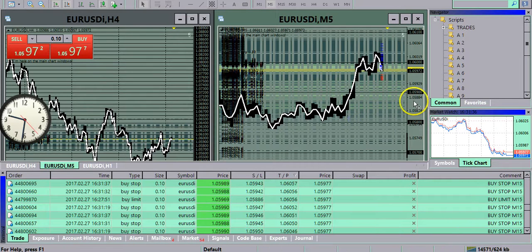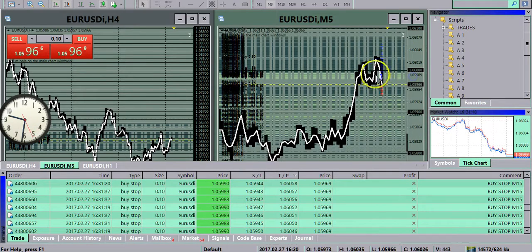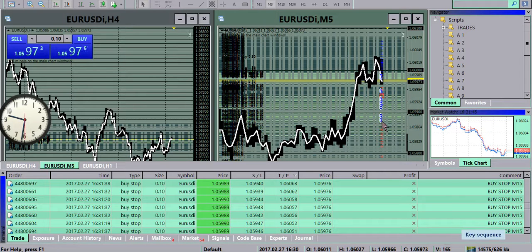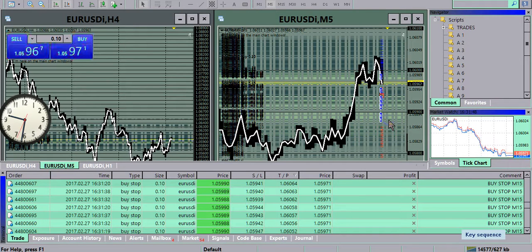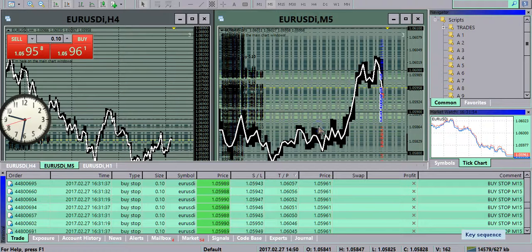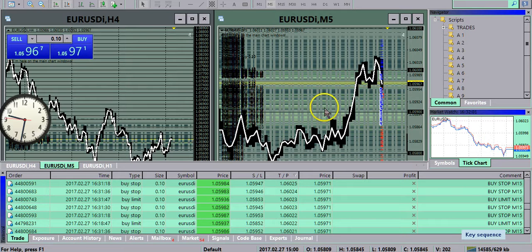So they trap people up there, see, and people with breakout systems have to ride a 3 to 4 pip pullback here. Okay, I'm going to buy that on limits. Now I'm going to put on stops because they just trapped these people on the 5-minute.